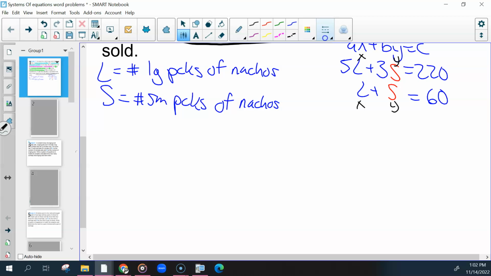And we need to get both of these equations in y equals format. So the second one is pretty easy because we could just subtract the x to both sides. The first one, however, we will need to solve. So I'm going to rewrite that over here.